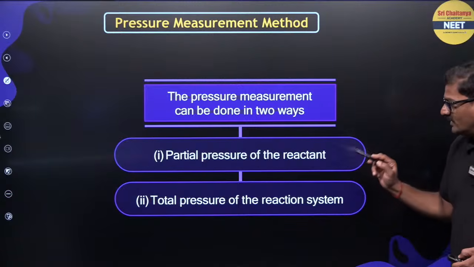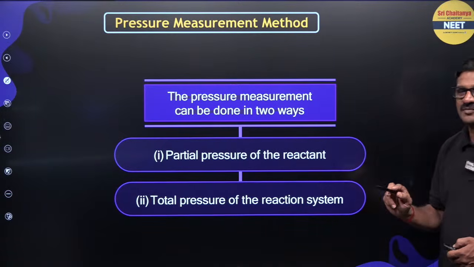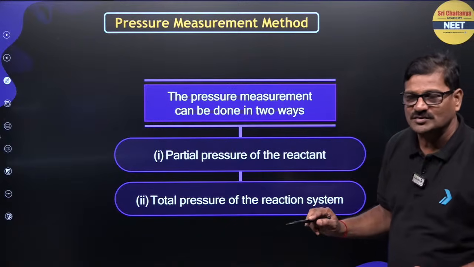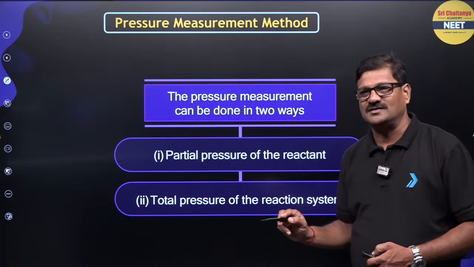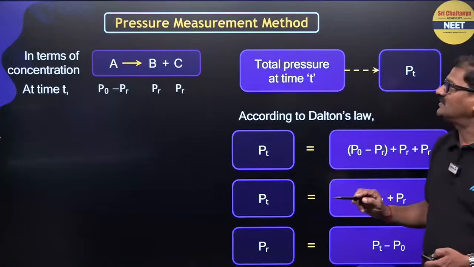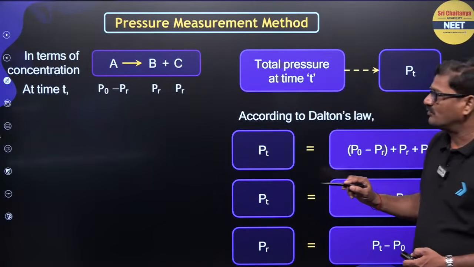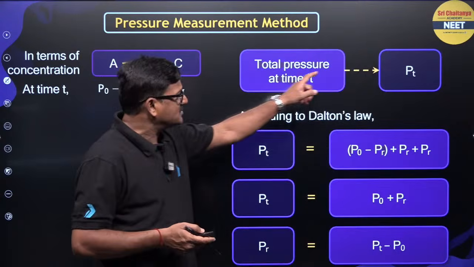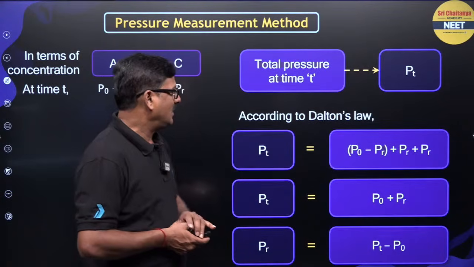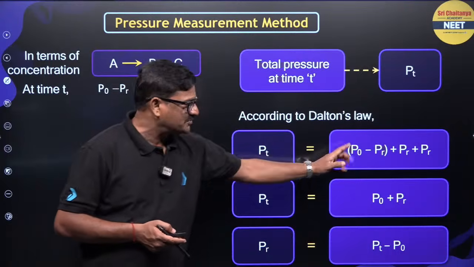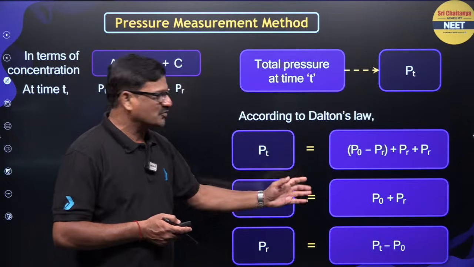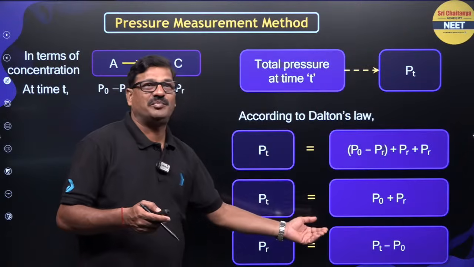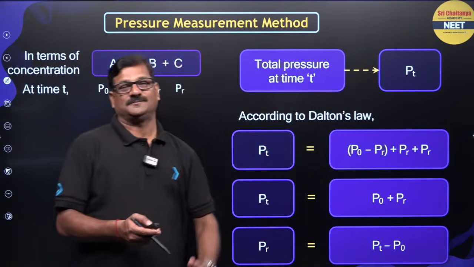When you take the total pressure, the sum of the partial pressures is equal to the total pressure according to Dalton's law of partial pressures. So, the total pressure at time T is PT, and it is going to be P naught minus PR plus PR plus PR, which is P naught plus PR. So, PR can be calculated as PT minus P naught.